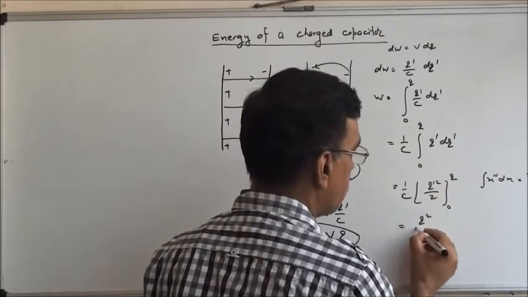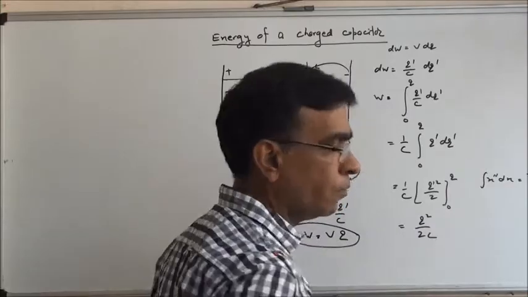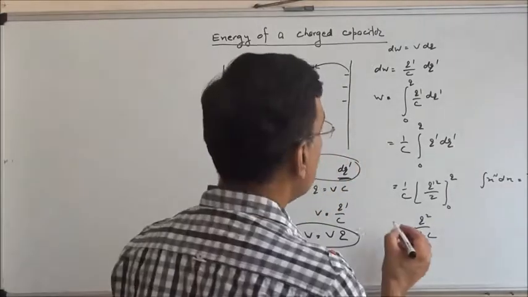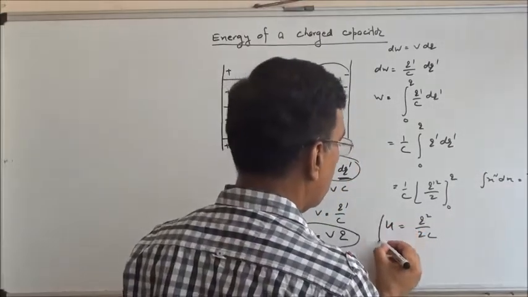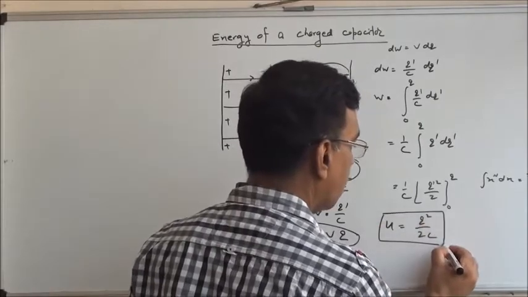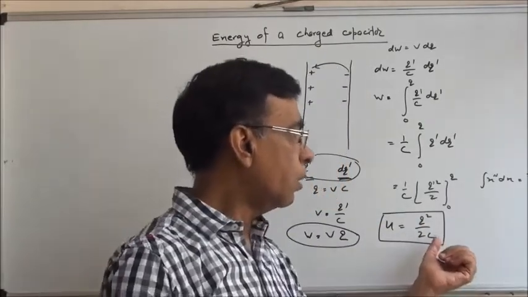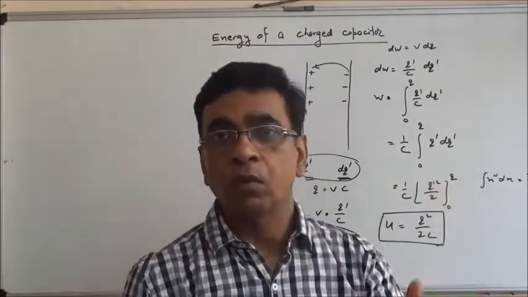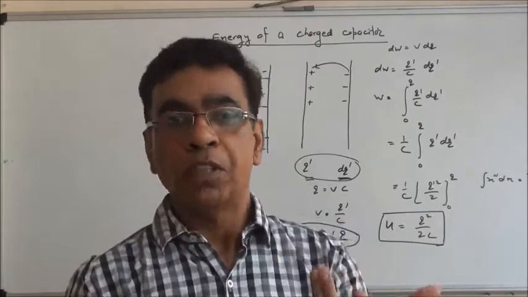So it is Q square by 2C. So this is the energy stored in the capacitor having capacitance C when it has acquired a charge Q on each plate.